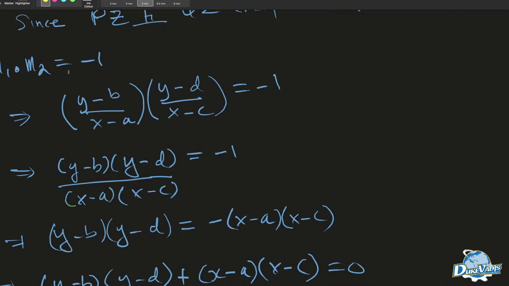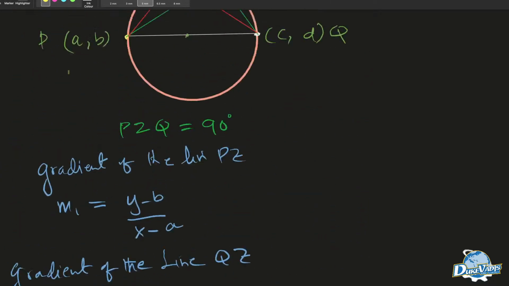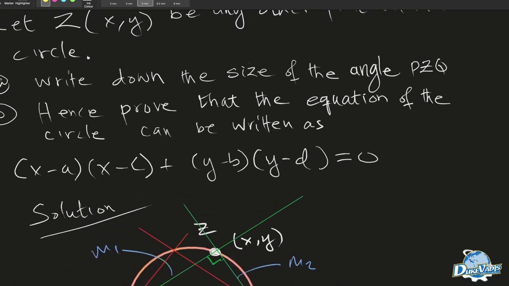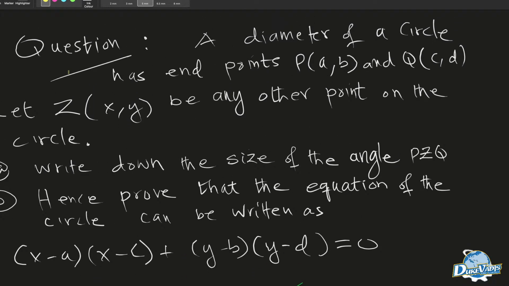If you want me to take you through once more, let's go back to it again. So we know the question says a diameter of a circle has a point P, which is (a, b), and Q, (c, d). Let Z, (x, y), be any other point on the circle.